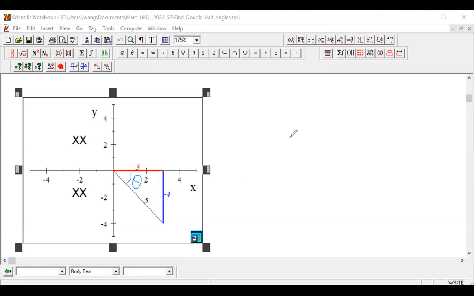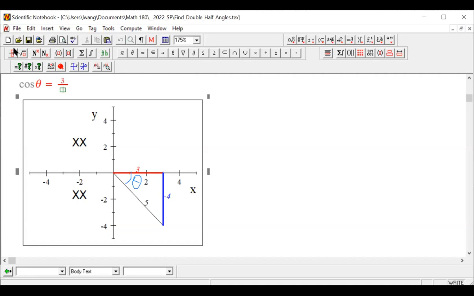Okay, that is theta. It's a negative angle because it's measured clockwise. Okay, so next, once we know this theta, we know cosine theta. Cosine theta is going to be the adjacent side over the hypotenuse, which is 3/5.